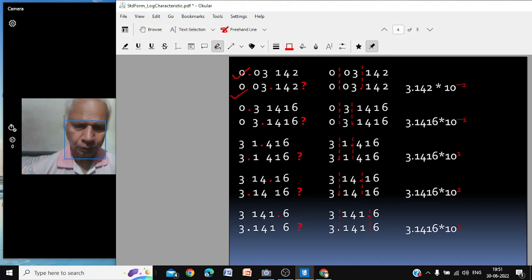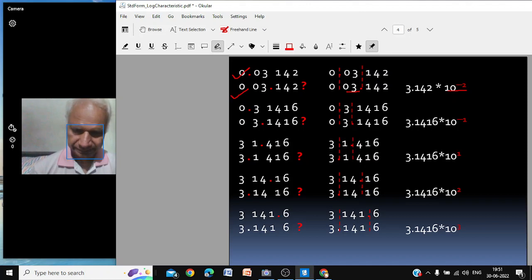So what we do, draw a line in the original position and the final position and see that if you want to get back the original number, you will have to shift 2 places to the left. We have shifted it to the right, you have to shift it back 2 places to the left. So we write 10 power minus 2.